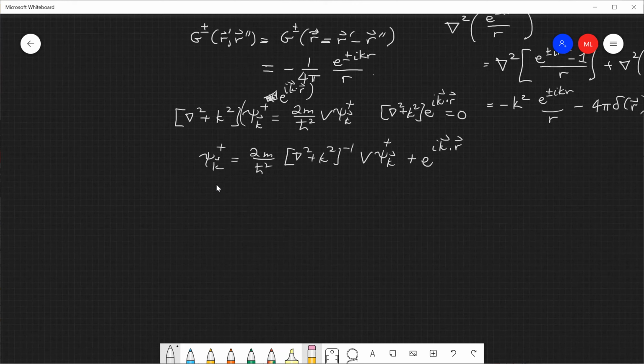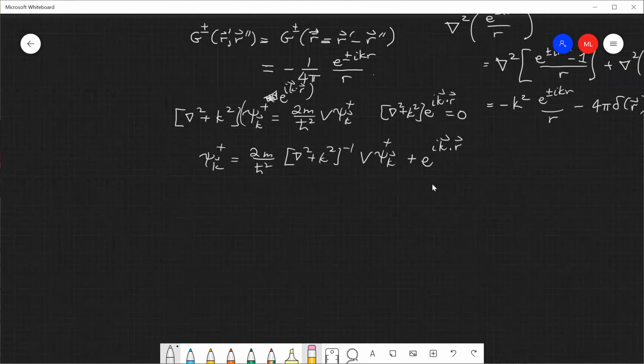And one of them is that we have an incoming plane wave. So we're manipulating things in such a way that we get an incoming plane wave plus something that has to do with the scattering. And you can always add an incoming plane wave in this formalism because this operator acting on a plane wave is 0. Then we invert on both sides, we get this term, and we can just add the plane wave here for free.